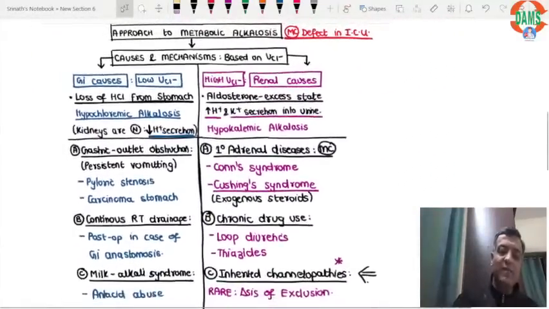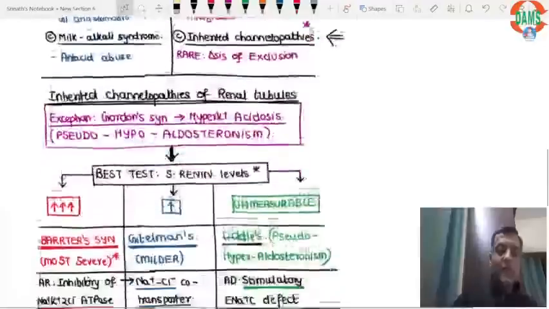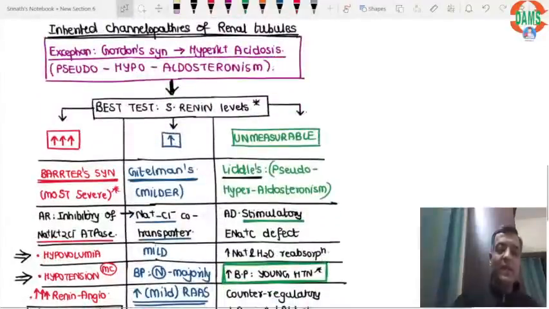One table we made today is metabolic alkalosis, again a silent killer in the ICU. We divided it based on urine chloride into two: GI causes versus renal causes. We also discussed the table for inherited channelopathies.